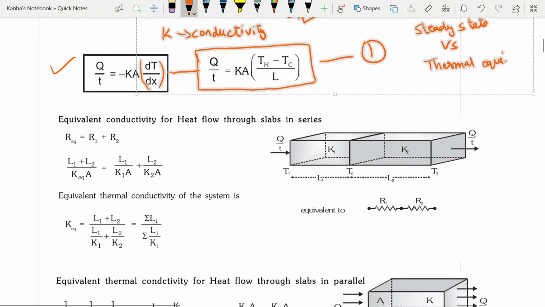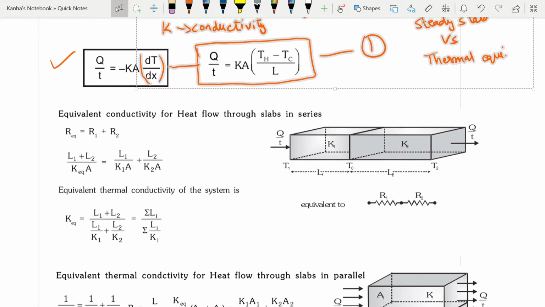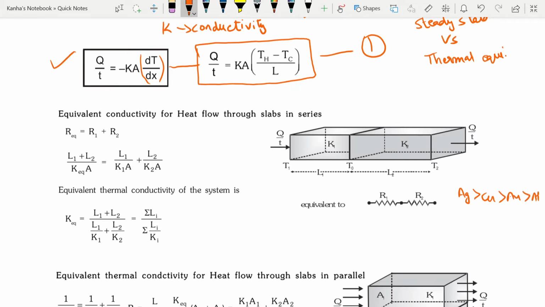Let's talk about what happens to the equivalent conductivity for heat flow through slabs in series and parallel. First of all, you should know that the thermal conductivity, which I defined as K, depends on the nature of the material. You should make a small note that for Ag it's higher than for Cu, then Au, and then aluminium.